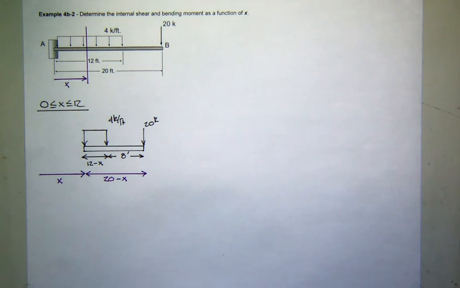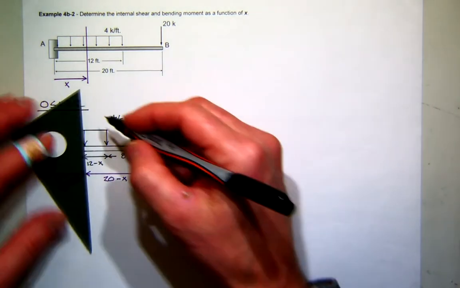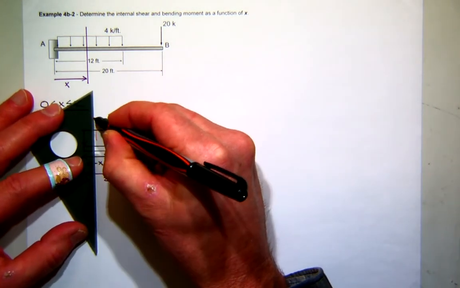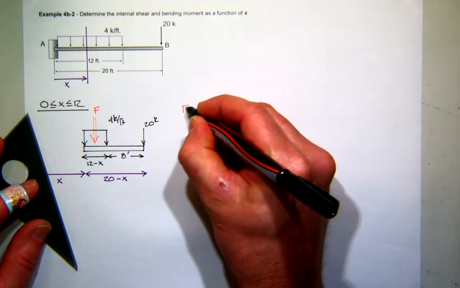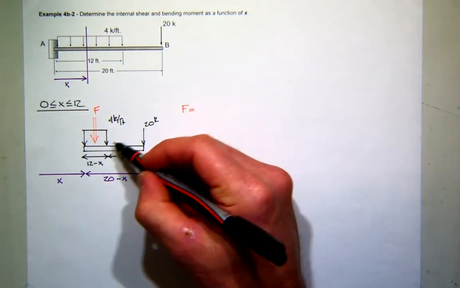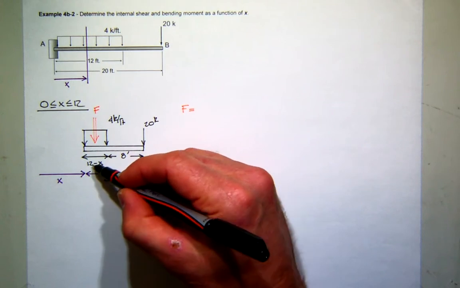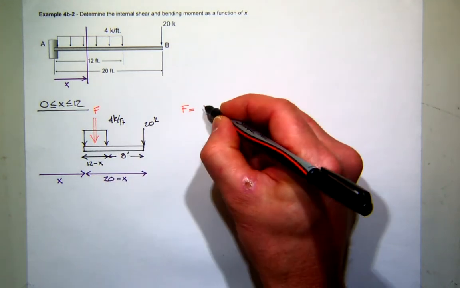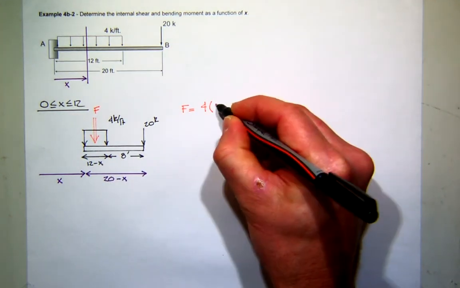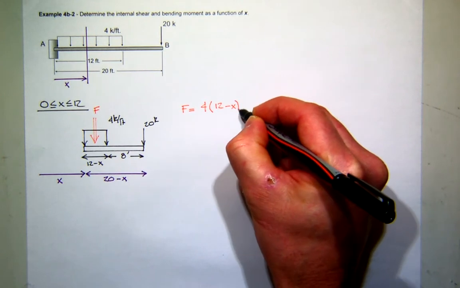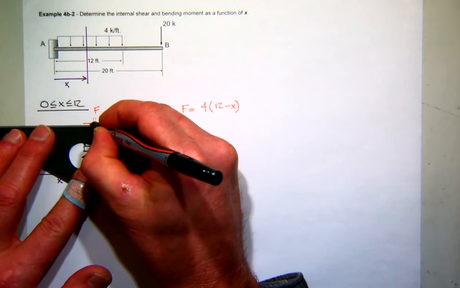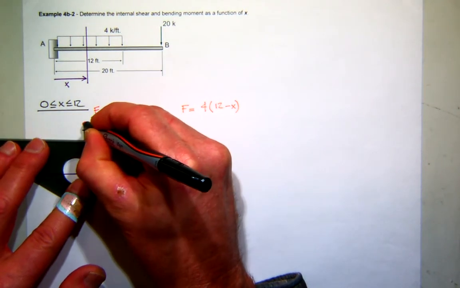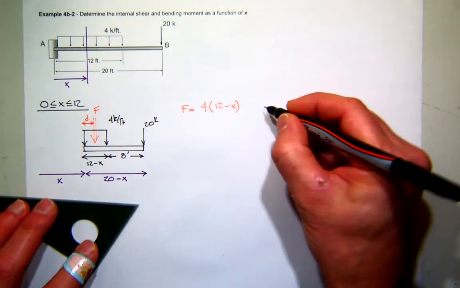So now I need to deal with this force, so I now have to deal with the concentrated equivalent force. I'll just call it F. So what is F equal to? What's the area under this curve? Base times height. So that will be 4 times 12 minus x. And from the cut, what's the distance? I'll call it D. So what would D be?